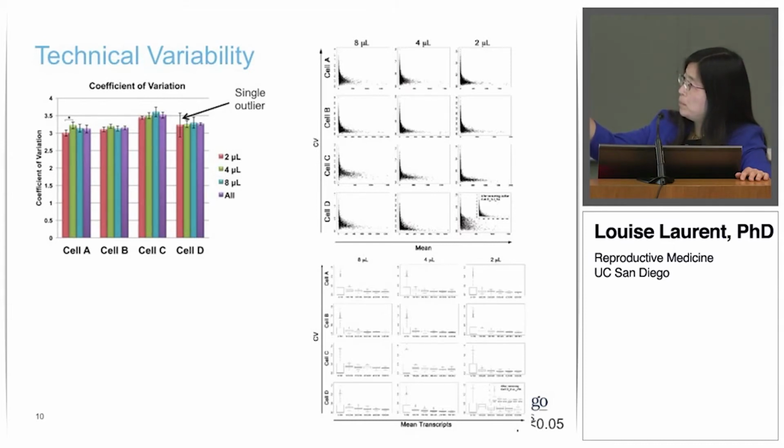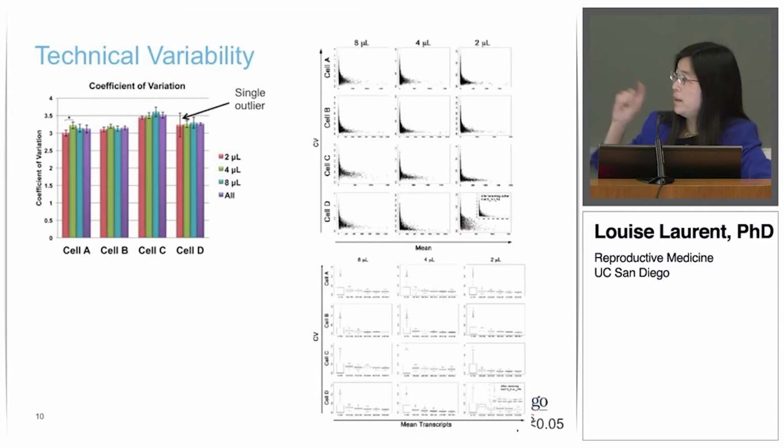And then the purple bar at the right of each set is all of the different reaction volumes compared to each other. And so looking at the coefficient of variation, what you can see is that the variation between the cells is quite similar, but more importantly, when you compare across the reaction volumes, you don't really get an increase in the coefficient of variation.